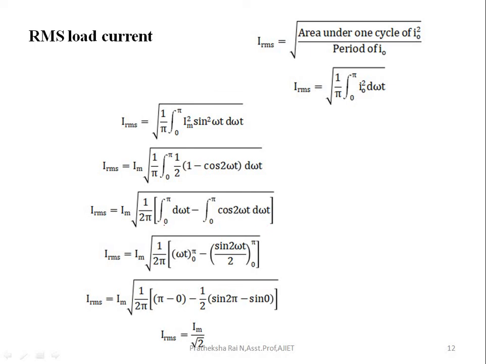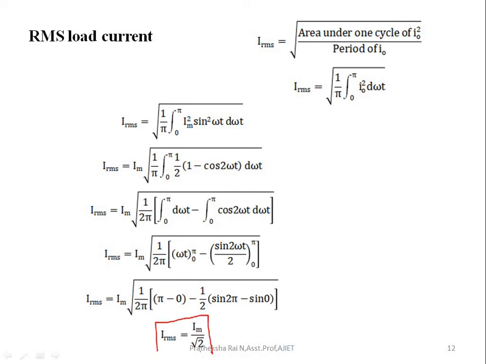When you integrate this, Im square root of 1 by 2 pi: the integration of d omega t is omega t with limits 0 to pi, minus the integration of cos 2 omega t d omega t, which you have to write as sin 2 omega t by 2, with limits 0 to pi. When you substitute the limits, you will get IRMS is equal to Im by root 2.